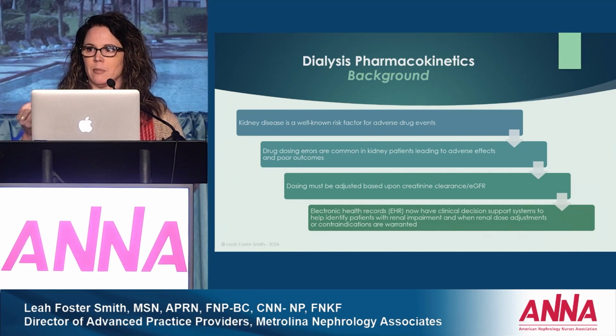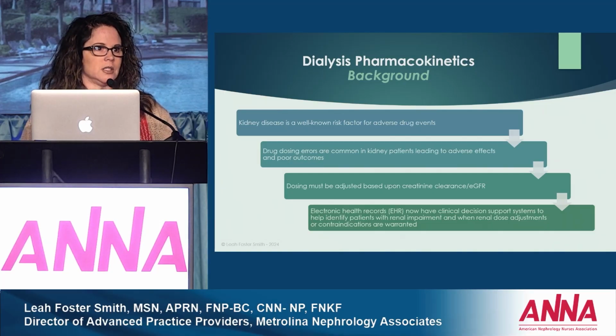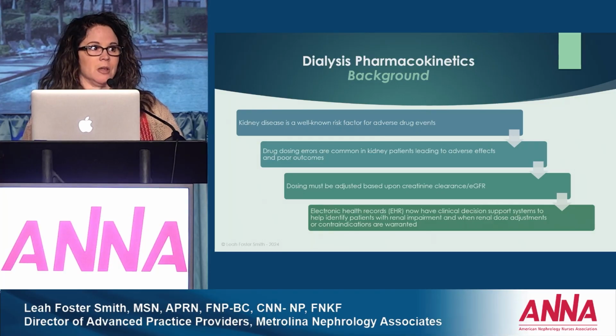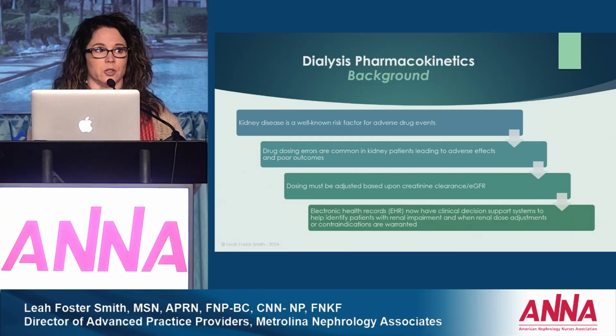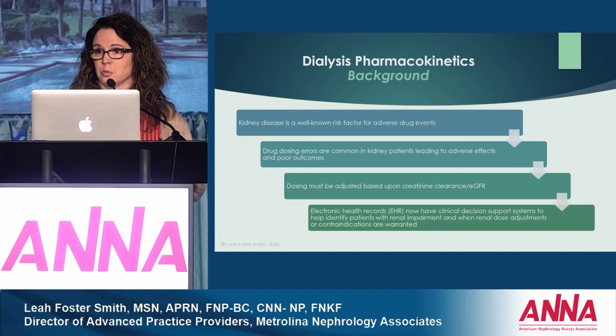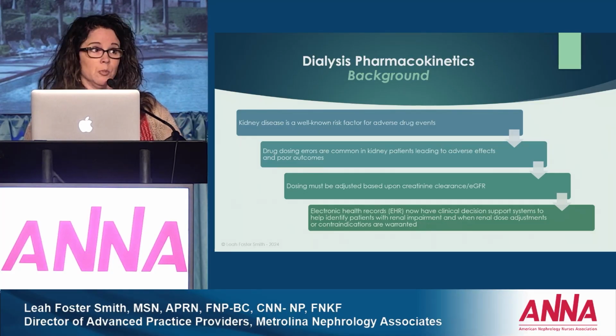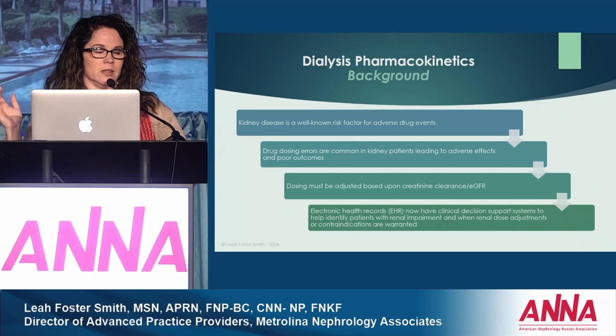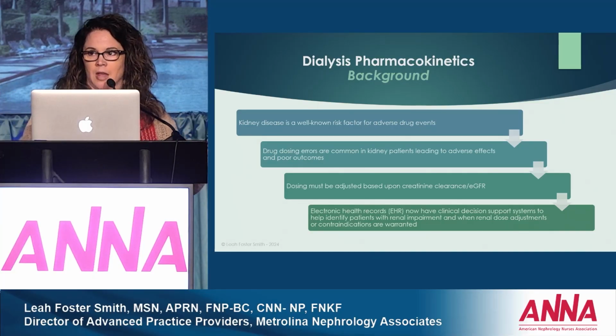So everybody that's in our dialysis unit does not have the same eGFR. Now, I know some of you may not still calculate that, but there are patients in your unit who have residual renal kidney function. And we want to preserve that as long as possible because that is also linked to morbidity and mortality. Okay, so you may have a patient who has a GFR of 12 and then someone that has a 2.